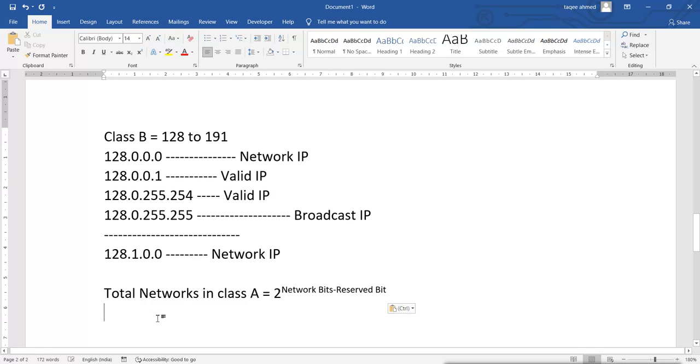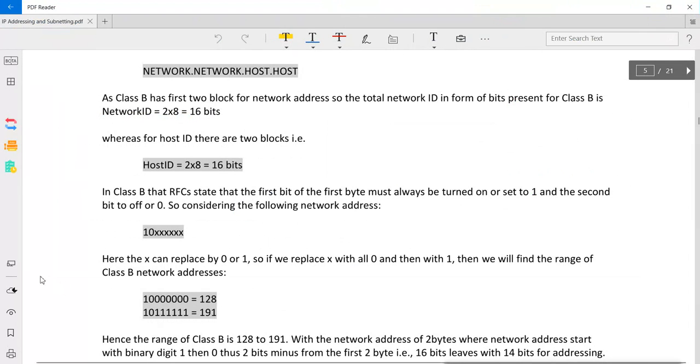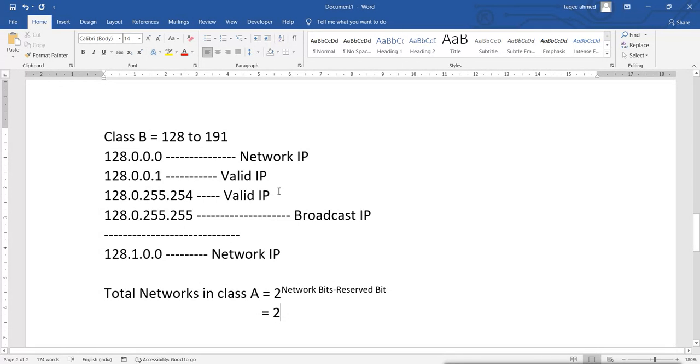If we see the total network bits in class B, it is 2 parts of 8 bits, and that is 16 bits. So the total number of network bits here is 16.